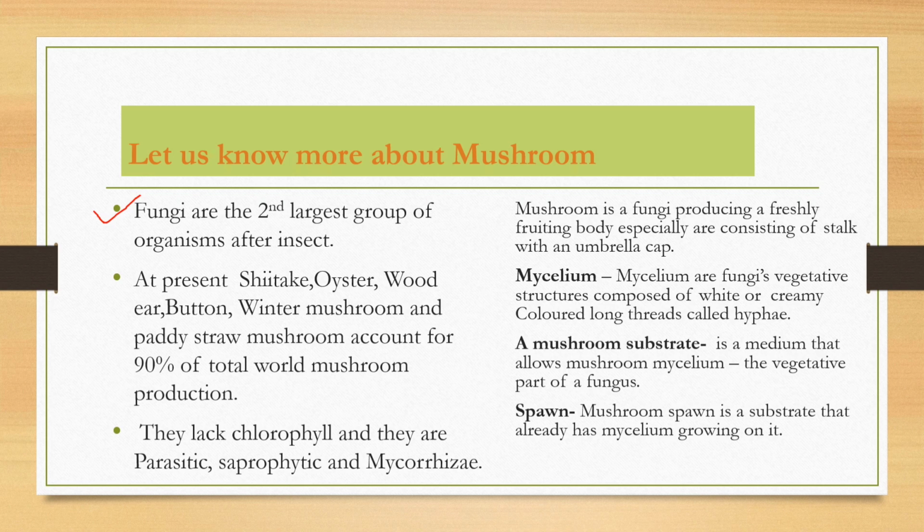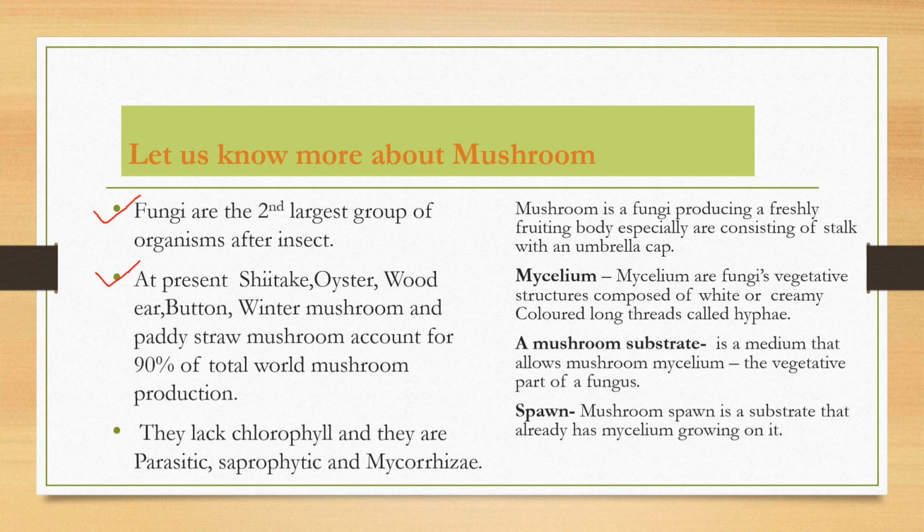At present, shiitake, oyster mushroom, wood ear mushroom, winter mushroom, white mushroom and paddy straw mushroom account for 90% of the total world mushroom production. Today, China cultivates around 60 different types of mushroom and produces around 85% of the total 40 million tons of mushroom of the world.